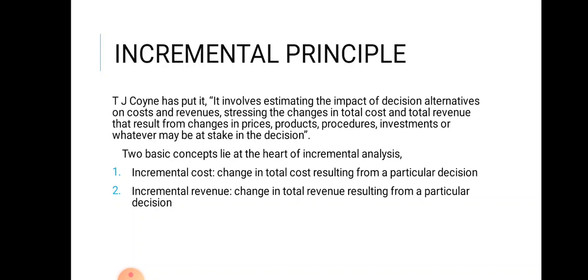So, when they are increasing the output by 100 units, then the total cost will increase. So, there is a change in total cost due to a particular decision. What is the decision? The decision taken by the firm is to increase the number of units of production. So, when the units of production increase, the total cost has increased. That is incremental cost. Change in total cost resulting from a particular decision.